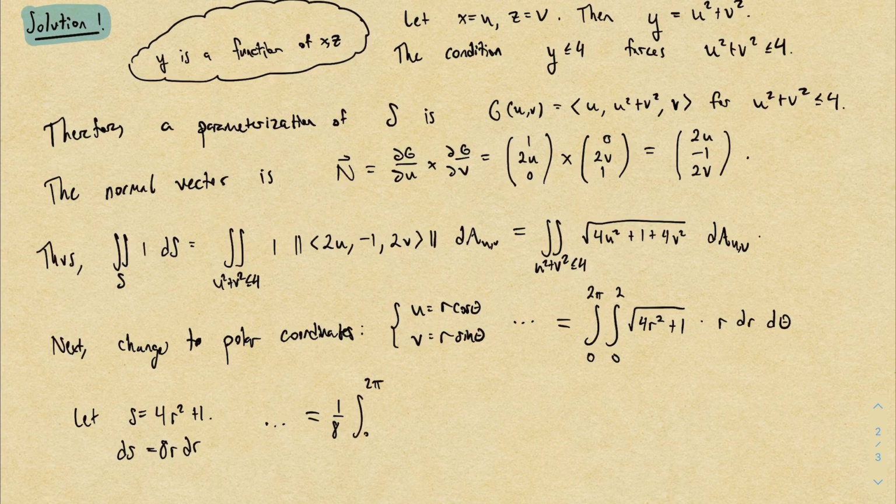Theta is still going from 0 to 2 pi, and then s, my new bounds, when r is 0, s is 1. When r is 2, s is 16 plus 1, which is 17. The integrand simplifies to s to the 1/2, and then this is a very straightforward integral to do.